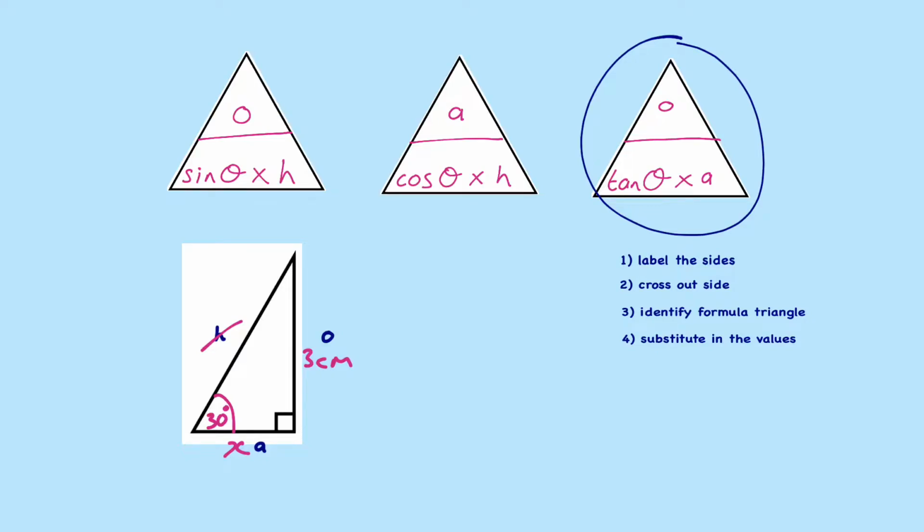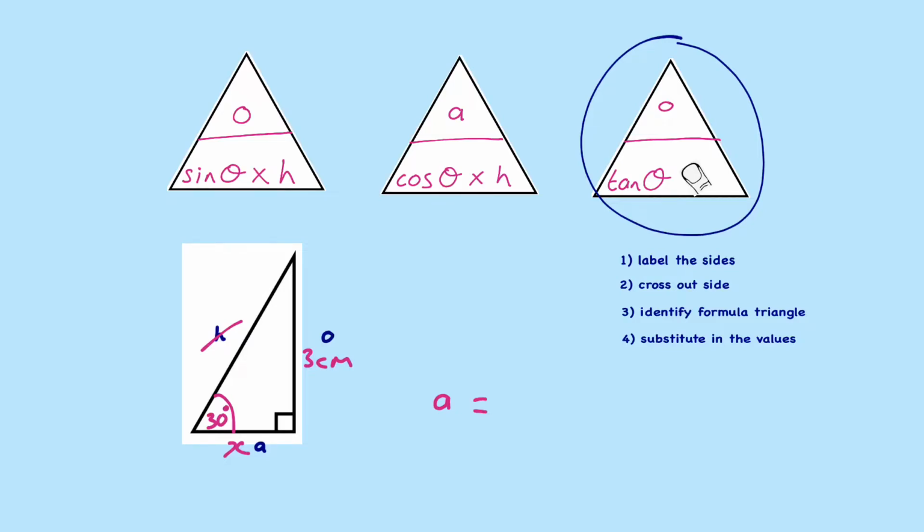And then the last step is to substitute in the values. So we're trying to find A. So we will cover up A in the triangle. And in this one we have O. Don't forget this means divide by tan of the angle.